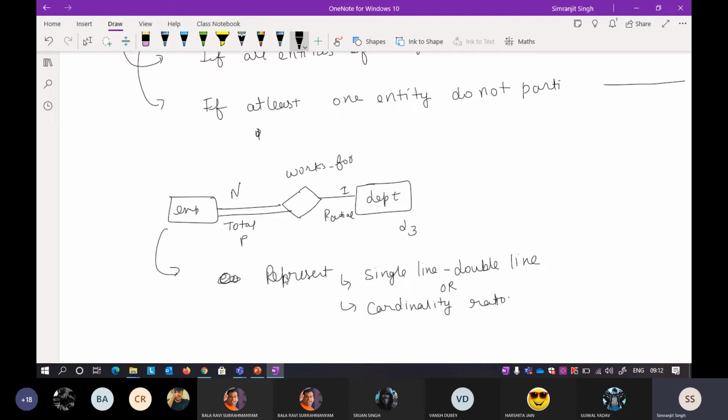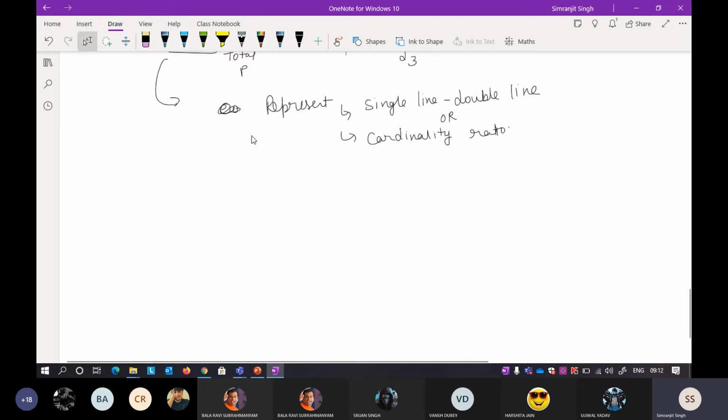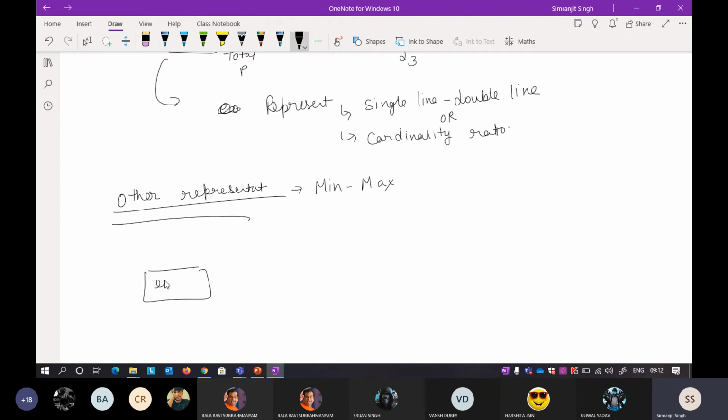There is another representation also, referred to as the min max representation. It is very simple. I'll show you how to represent min max terms. You can easily design the same thing: employee, then there is the relationship works for, then department.